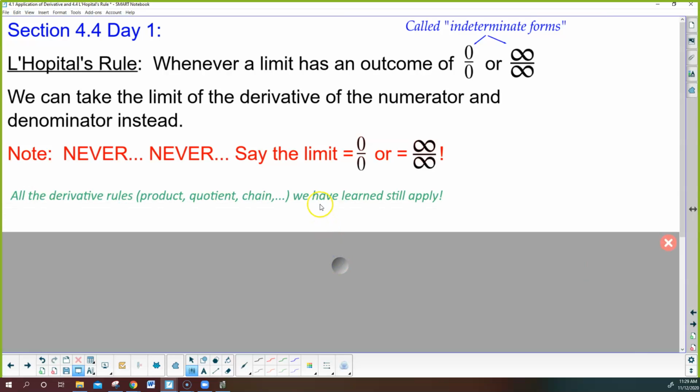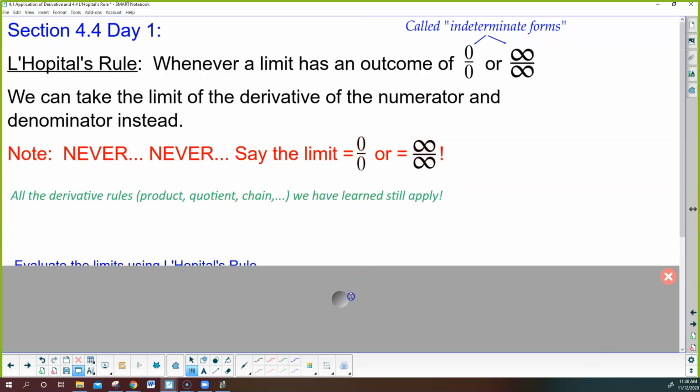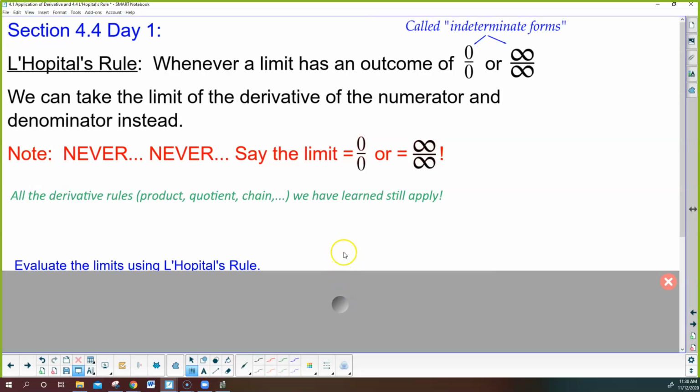All right. The other thing is, since we're going to be taking the derivative of the numerator and the derivative of the denominator, I do want you to know that all derivative rules, product, quotient, chain, powers, all of them that we learned still apply. That's why calculus is challenging: everything we learn, you still have to keep applying.